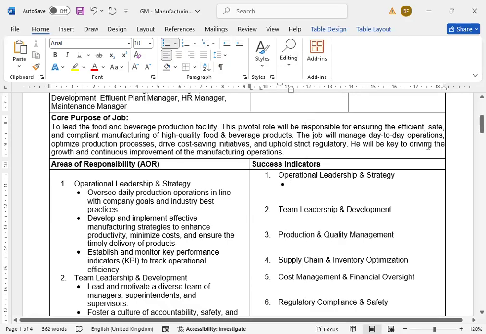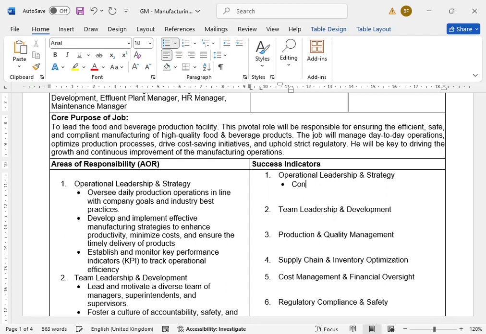Okay. So what would be the first one? First one would be success indicator, operational leadership and strategy. What will happen? Okay.